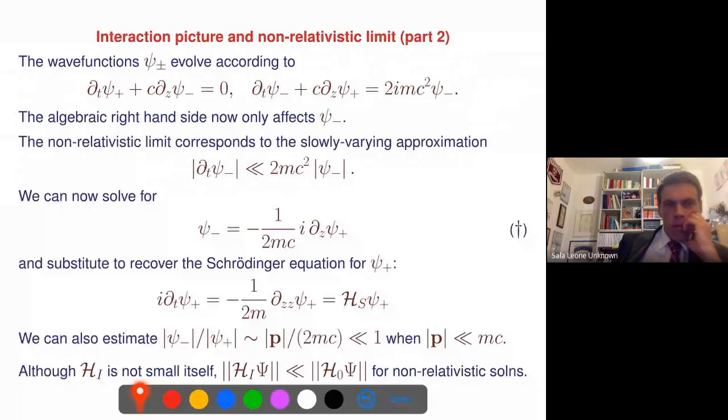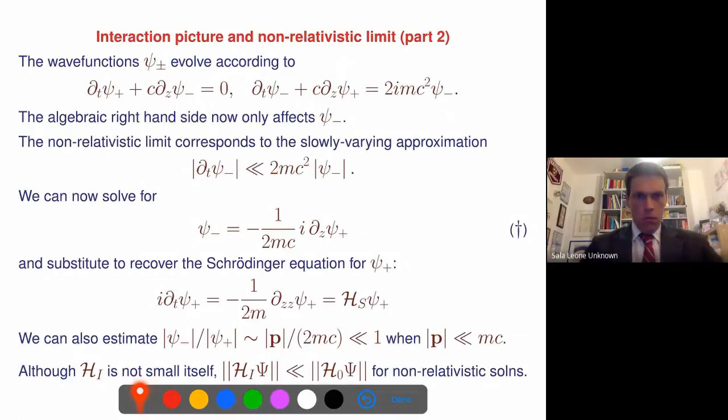And now, thinking about my Lattice Boltzmann Chapman-Enskog toolbox, I want to look for slowly varying solutions. So I'm going to balance this. It's a wiggly i term, not a relaxation term, but I'm still going to balance it with the space derivative and say things evolve slowly, so I'm going to get rid of this time derivative. If that's a good approximation, I can solve for psi minus in terms of the spatial derivatives of psi plus, pop it back in this equation, and I get the Schrödinger equation.